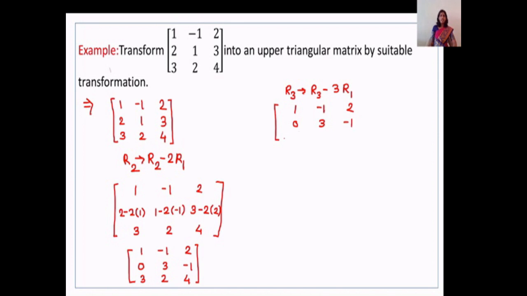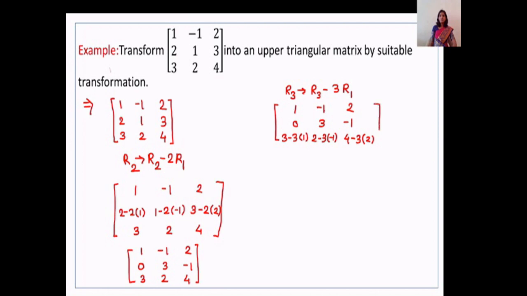Now R3. What is R3? 3 minus 3 into its corresponding R1 is 1. Then 2 minus 3 into its corresponding R1 is minus 1. And last, that is 4 minus 3, its corresponding R1 is 2.